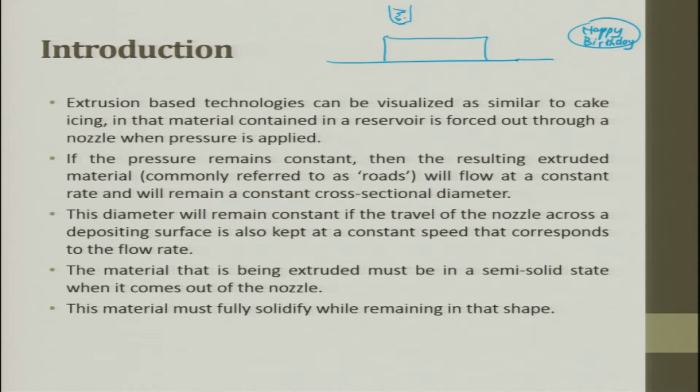This cone is filled with icing and the icing is allowed to flow out, and the hopper is allowed to move in the XY direction. Generally we use our hand, and inside the hopper we have icing material, that is sugar powder mixed with some butter, which is in a very viscoelastic state.